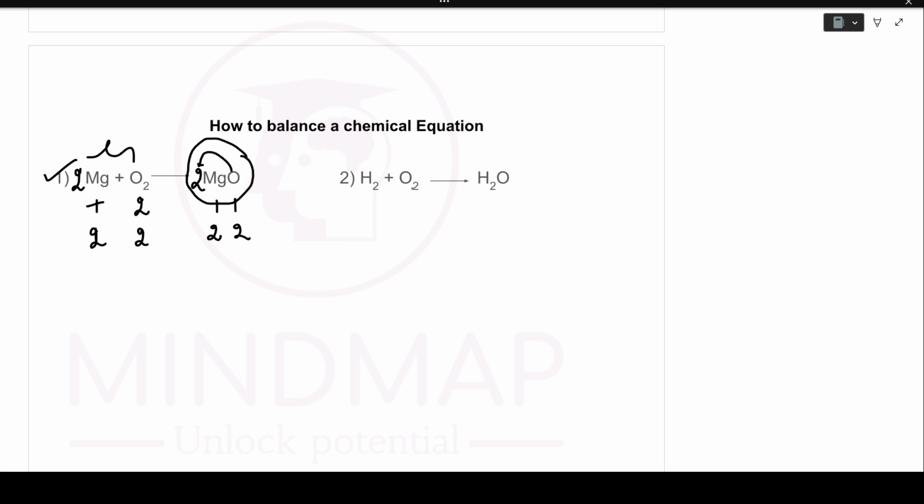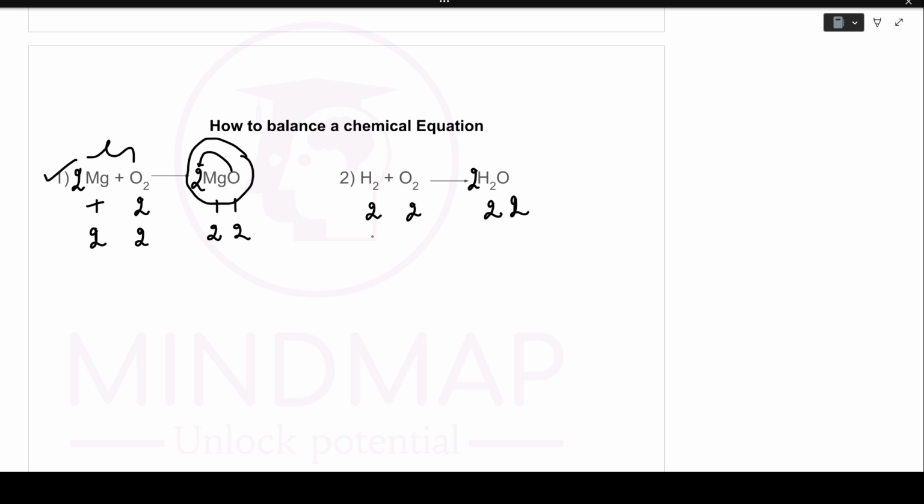Now let's see the second equation. H2 here is 2. Oxygen on the product side is also 2. Okay. Hydrogen is balanced. Oxygen here is 2. Here oxygen is 1. So we will write here 2. So oxygen also became 2. Now recheck. Once you do this balancing, you should recheck again.